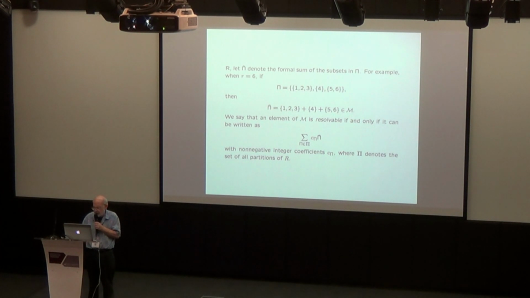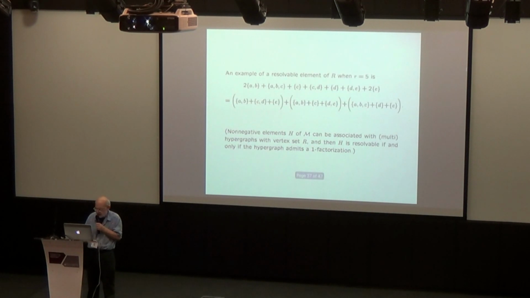You need some notation to say this well, so you work in modules of formal sums of subsets, and a partition is a set of sets. Think of it as a formal sum of 3 sets. And then you can state things, and in this module there are some resolvable elements. This is thinking about 5 colors.